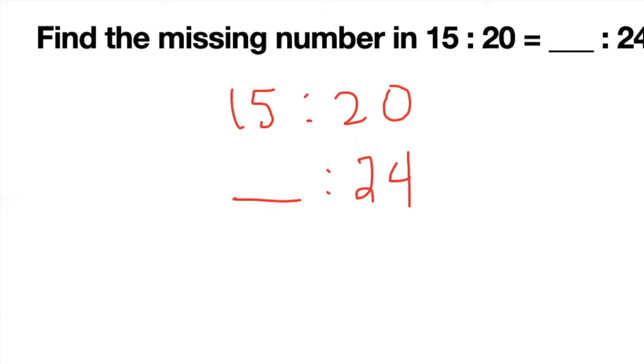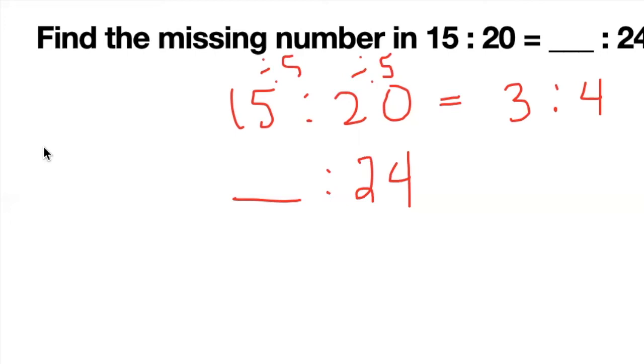So what we can do is, first, simplify the given ratio. By simplifying 15 is to 20, we will get 3 is to 4. How did we get 3 is to 4? By dividing both of them by 5, because 5 is their greatest common factor.